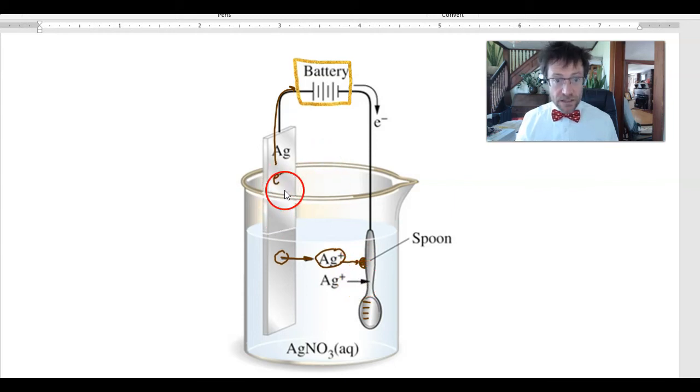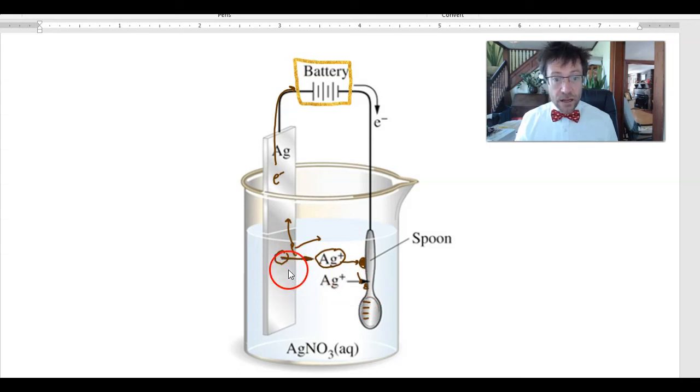The battery takes yet another electron, pumps it into here, and this little silver ion that came into solution gobbles up another electron and turns into a little lump of silver.